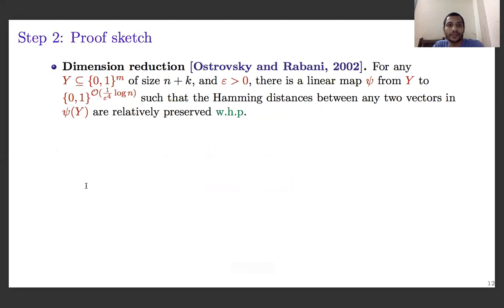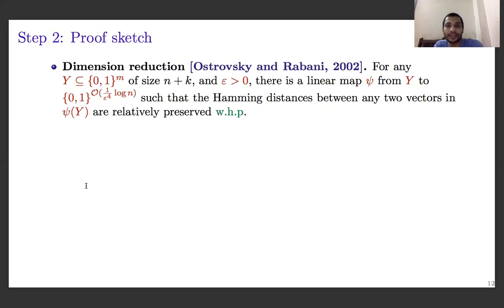This says as follows: for any set of n plus k binary vectors of length m, and epsilon greater than 0, there is a linear map phi from Y to {0,1} to the power order log n.